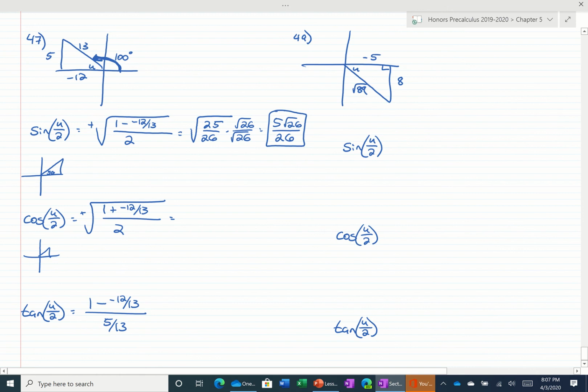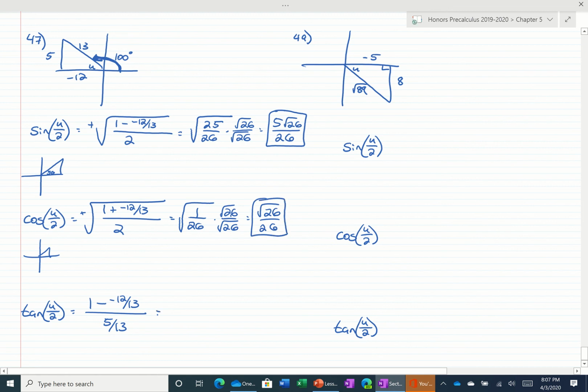For the cosine, 1 minus 12 over 13 divided by 2 is the square root of 1 over 26. Multiply by root 26 over itself, we get root 26 over 26.